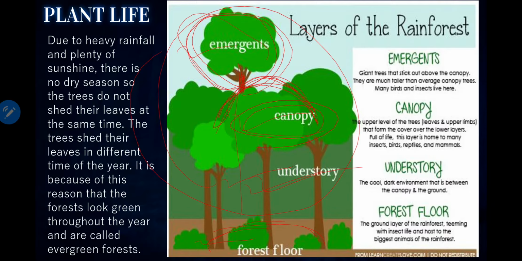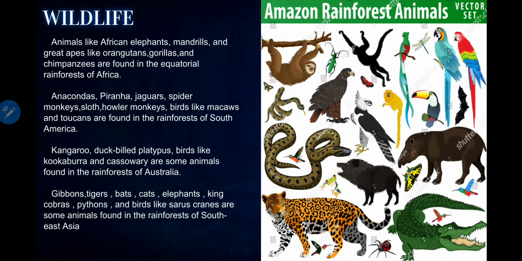Now let us talk something about wildlife. As you can see in the picture, the equatorial rainforests are home to a wide variety of wild animals, right? The area occupied by these forests is not much, yet they are home to many plants and animals found on earth.